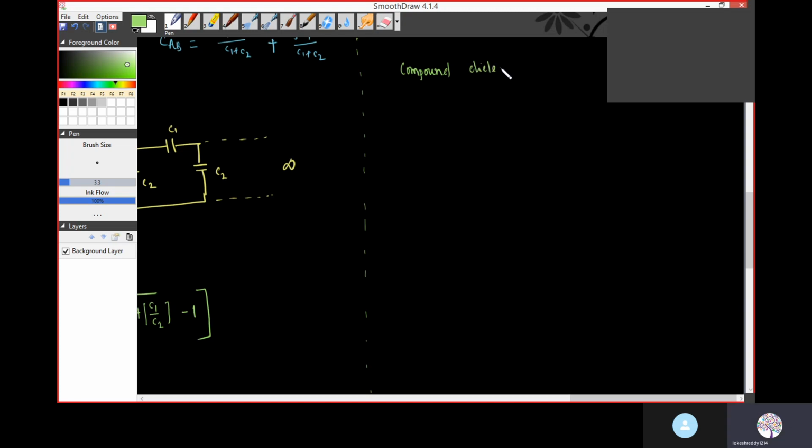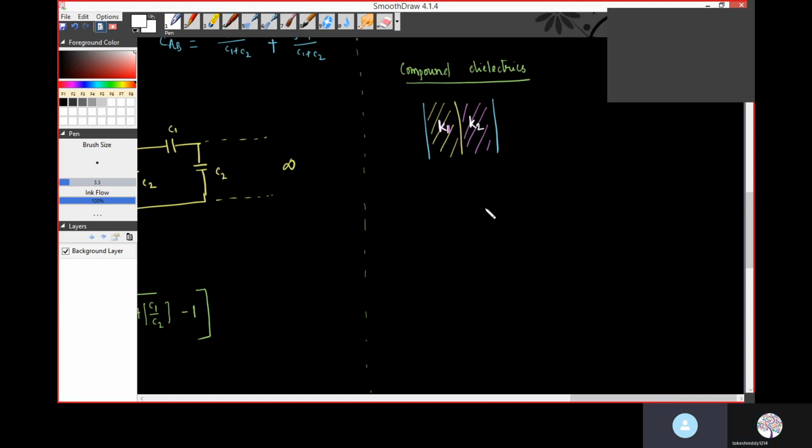In compound dielectrics, say these two are the plates, and this one dielectric is different, and this dielectric is different. Let us take this as K1 and this as K2.